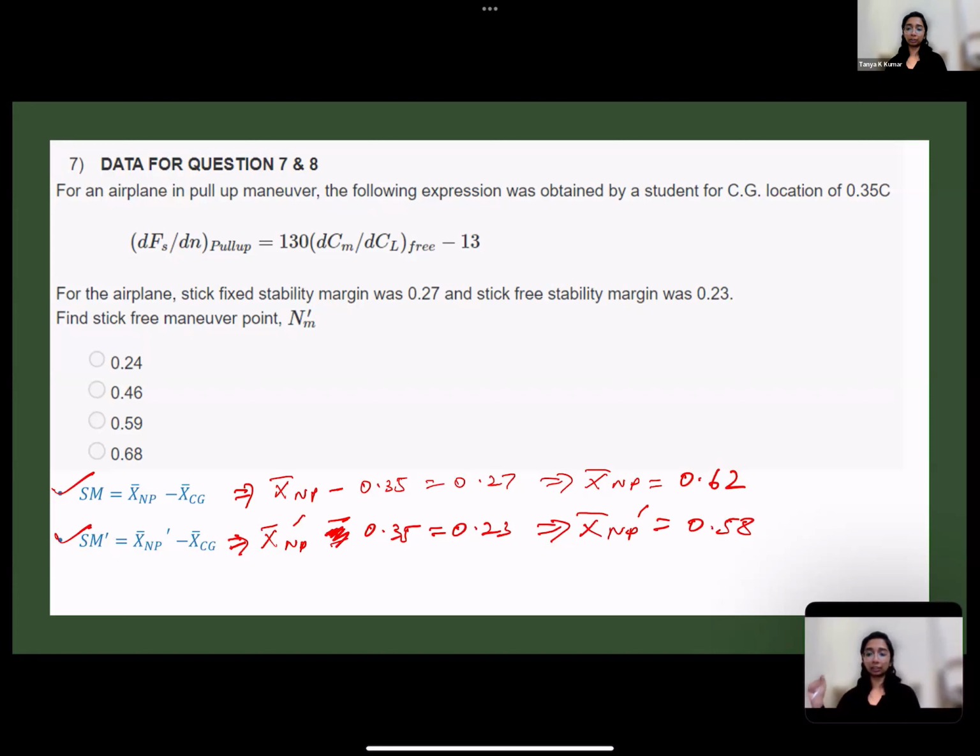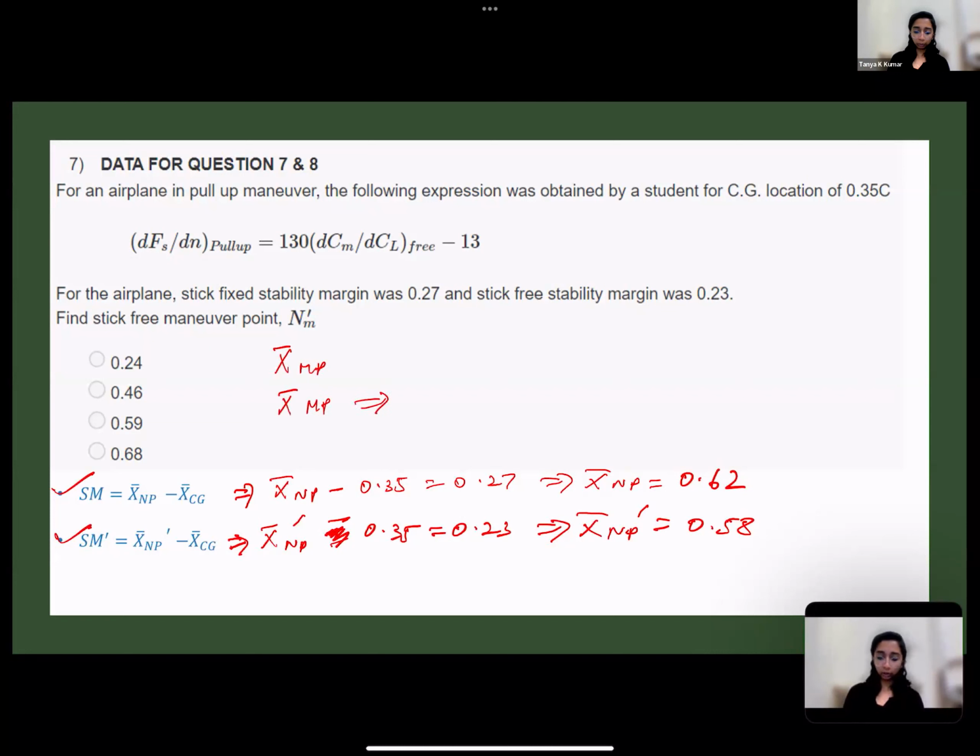What is the condition for the maneuver point? How is it defined? dFs by dn equal to 0. Yes. Let me write stick fixed maneuver point and stick free maneuver point.